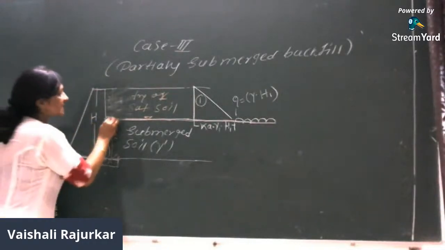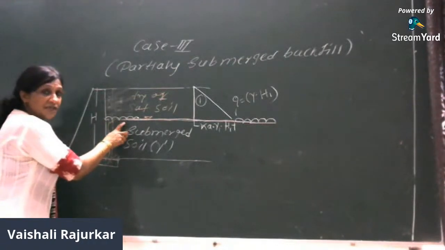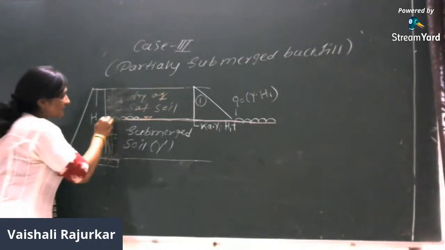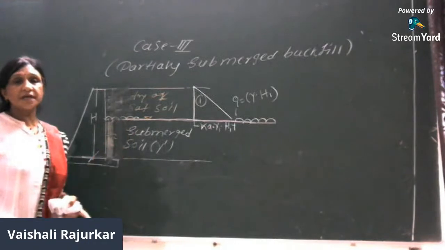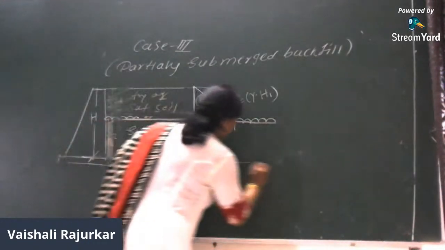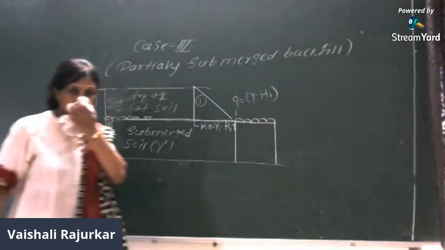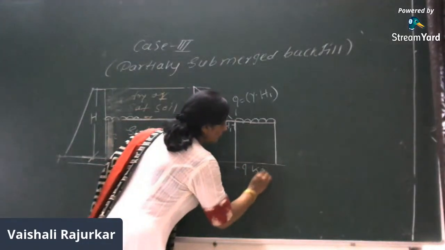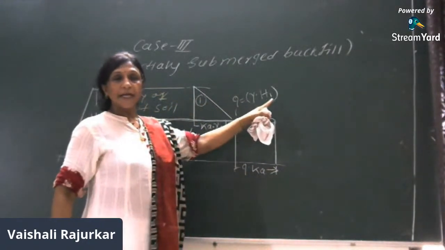Again, when there is a surcharge, just remember, the surcharge will act throughout the depth, it will be the same. This surcharge will be the same throughout the depth of the wall, and therefore the distribution diagram is a rectangular distribution diagram which will be acting over the second layer, and here this is the intensity. What is this? It will be Q into Ka. What is Q? Q is equal to gamma into H1.